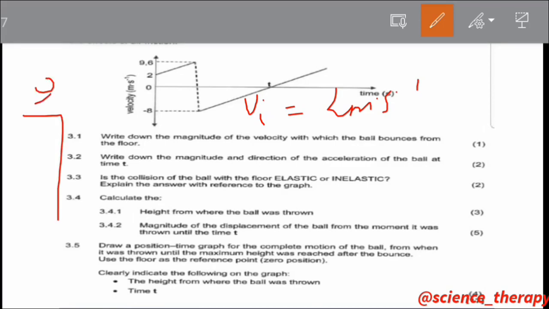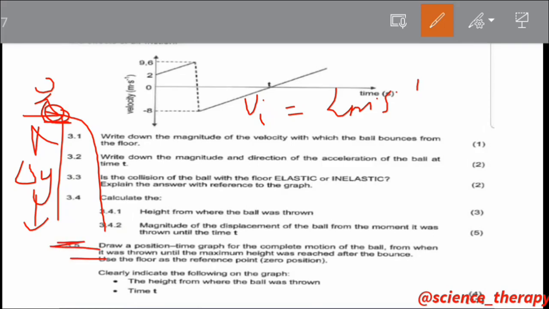Remember, from this height, it was thrown downwards. So we are looking for this height here. We are looking for the delta y from that position it was thrown to the moment it hits the ground. Then vi is 2 meters per second. Then we know that it hits the ground at the velocity of 9.6 meters per second.